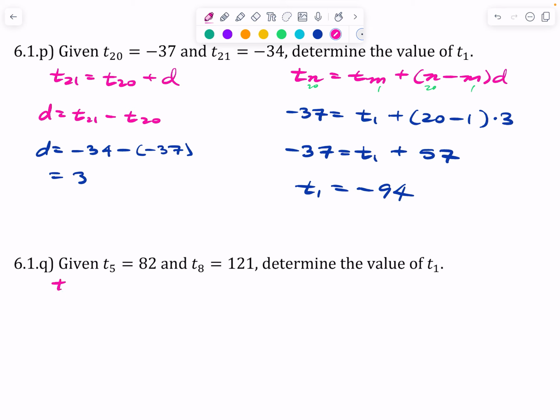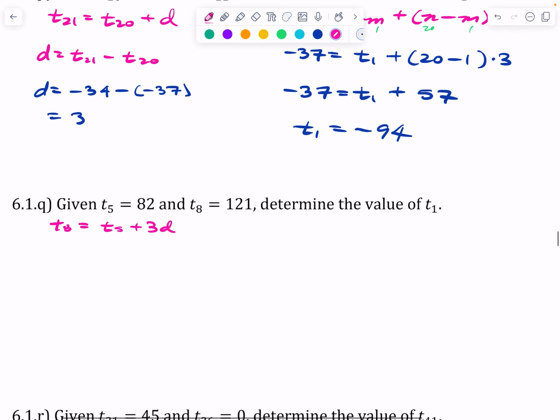And we can say that term 8 is what we get when we take term 5 and add the difference 3 times. Adding once gets us to term 6, twice gets us to term 7, and a third time gets us to term 8. So we could also say that 3 times the difference is term 8 minus term 5.